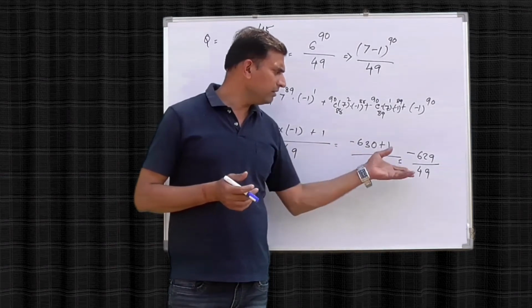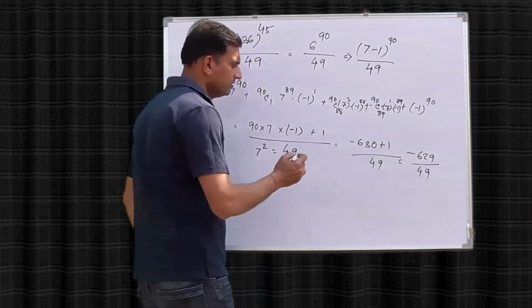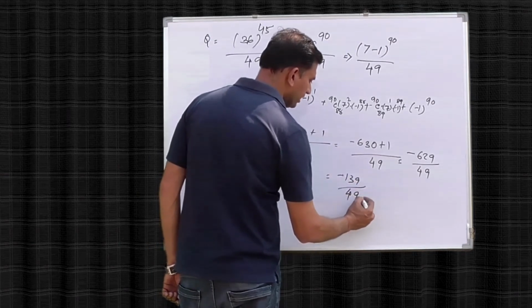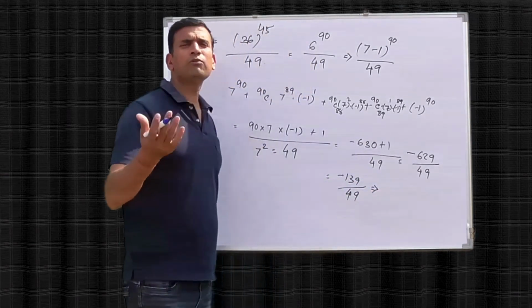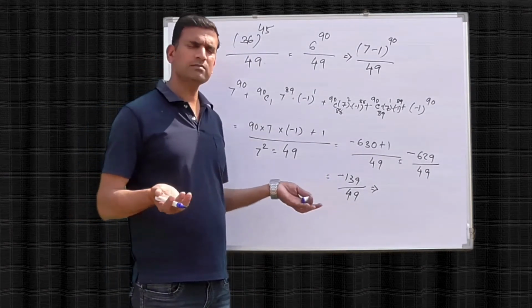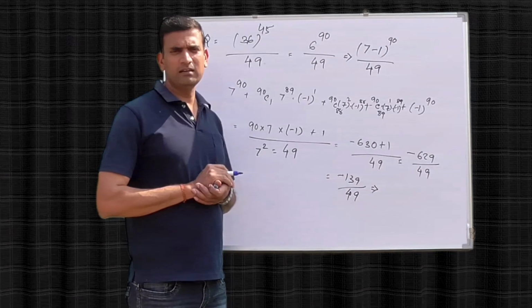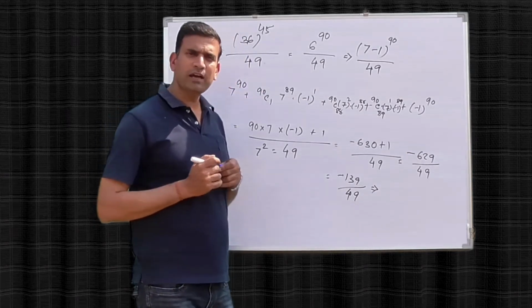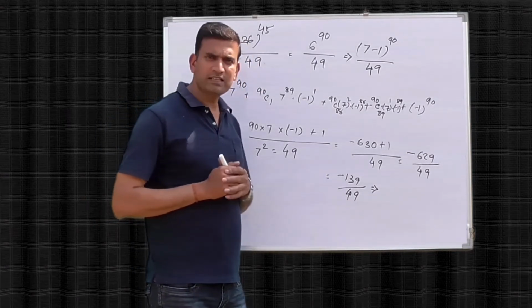Now this is minus 139 divided by 49. I am trying to find out everything mentally. If you use paper and pen, you need some extra time for that. Okay. So 49 threes are what we are having, 120 plus 27.